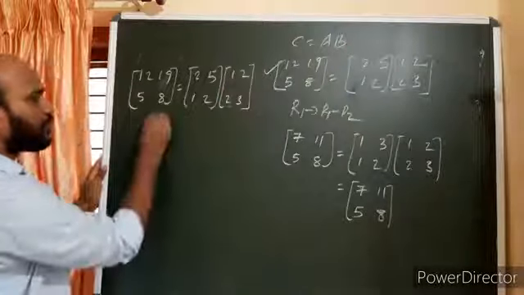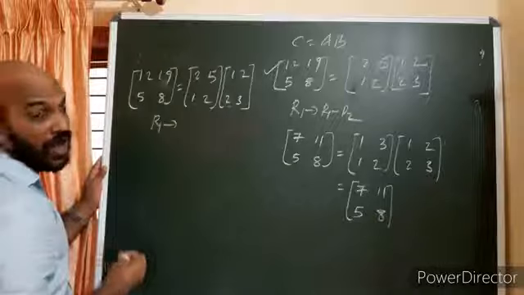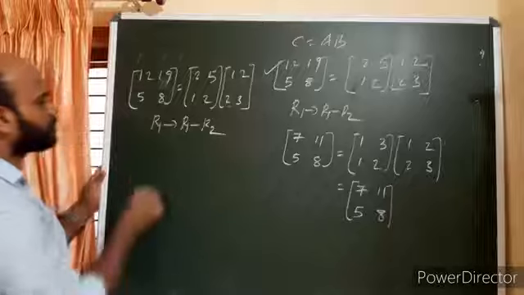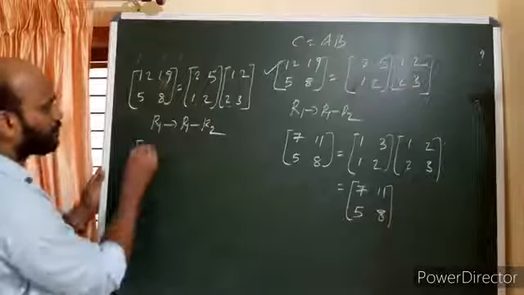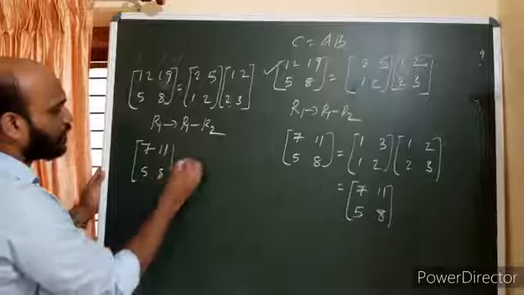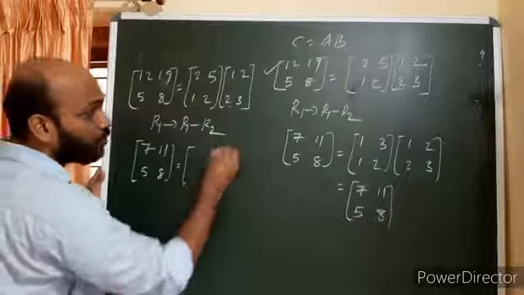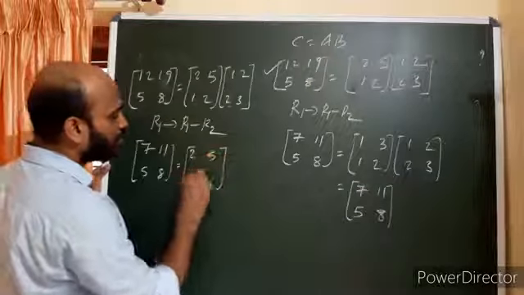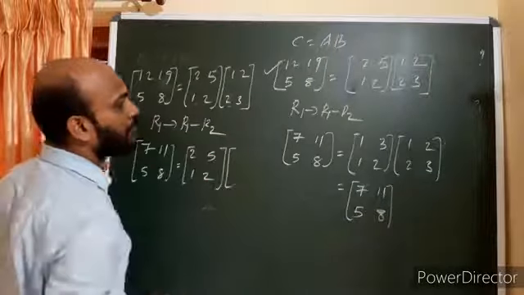Right. Using the rule, R1 changes to R1 minus R2. So the left hand side will be the same: 7, 11, 5, 8. Now instead of the first matrix, I am using the rule on the second matrix. The first matrix will be the same: 2, 5, 1, 2.